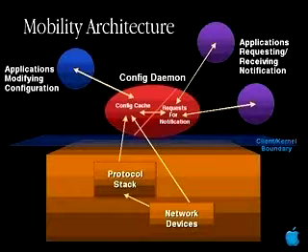Starting from the bottom and sort of going from the outside moving in, below the kernel boundary, we've got protocol stacks and devices which will produce events of various sorts indicating detected change. Somebody unplugs the Ethernet cable from your box, or you move from an environment where base station A is in control to an environment where base station B is in control.